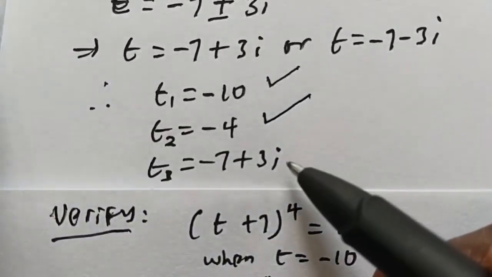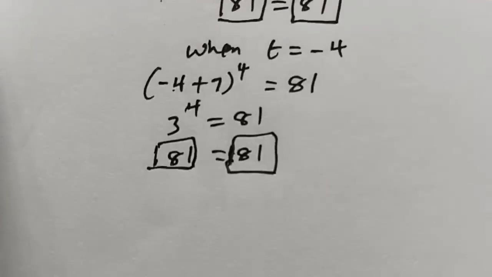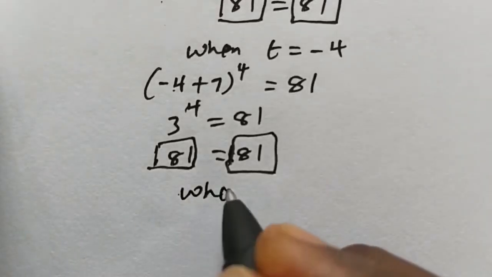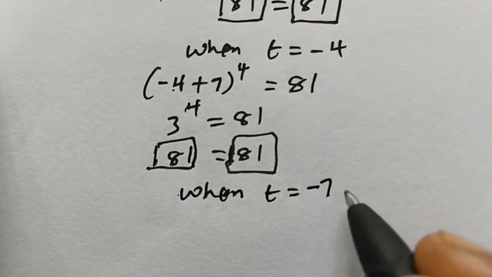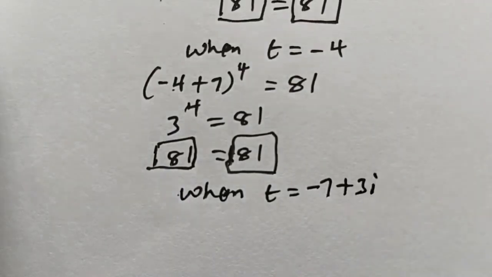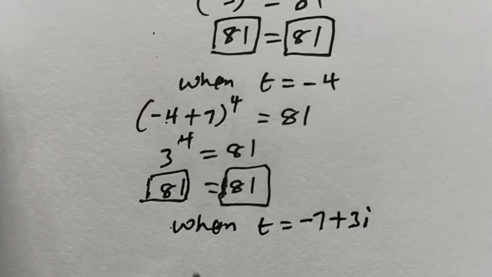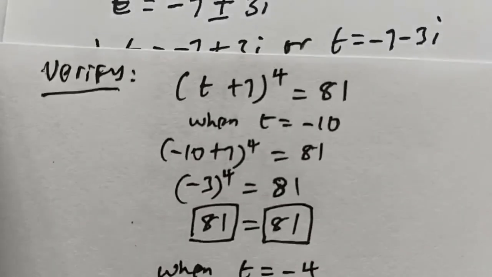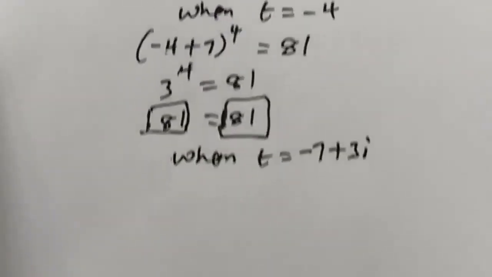Now, let's verify the third answer. That is when t equal to minus 7 plus 3i, right? Yes. Similarly, in place of t, this particular t, we write minus 7 plus 3i.